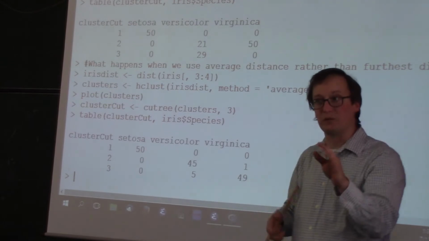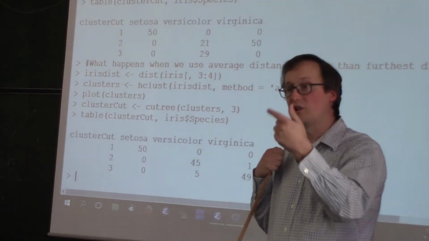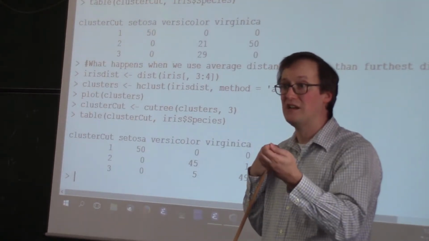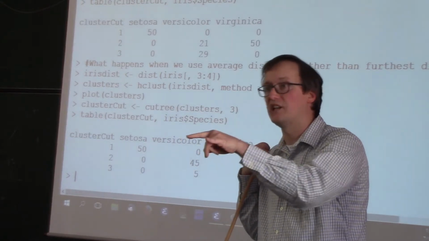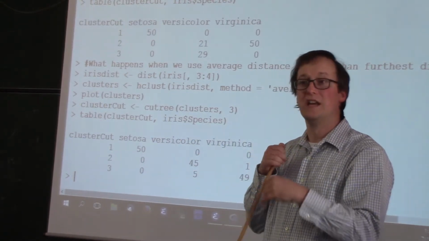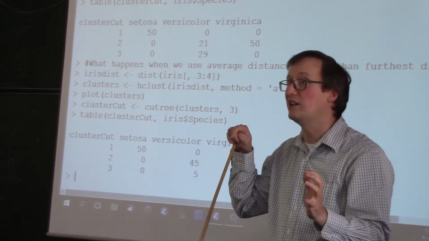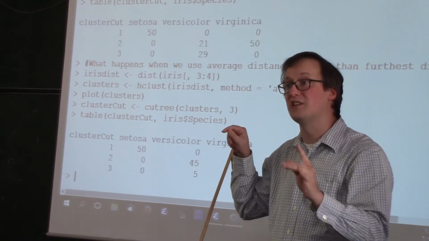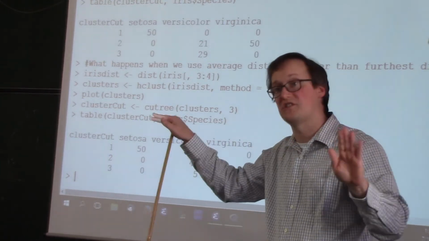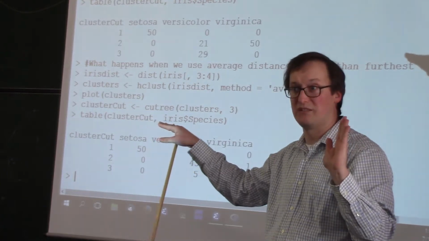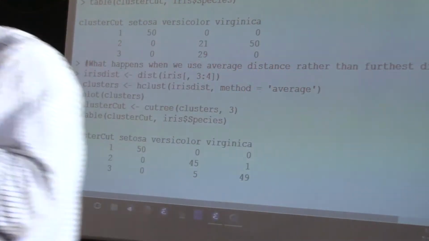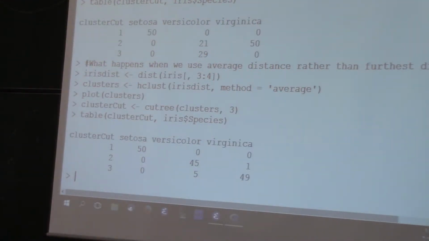So all we did there was change the method by which clusters were evaluated for distance from the complete cluster to the average cluster length, and suddenly our clustering gets a whole lot cleaner. So there are a lot of things that we can modify about this, even if you're just staying in Pythagorean theorem space.